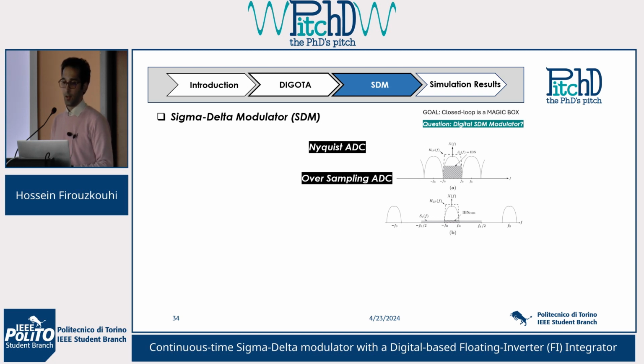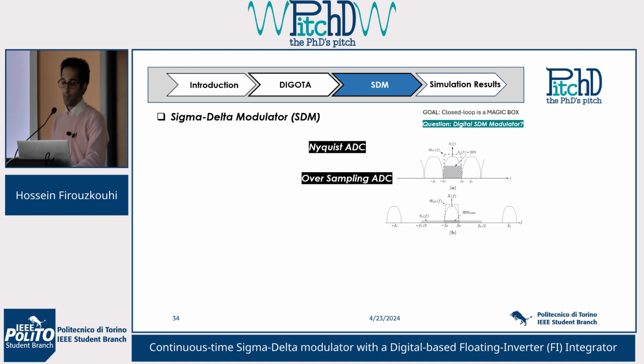but before doing so, we have to be aware of the concept of the sigma delta modulator. According to the Nyquist theory, when you want to reconstruct the signal, you have to sample at least twice the input signal frequency. This resulted in two main categories, the Nyquist ADC and the oversampling ADC.